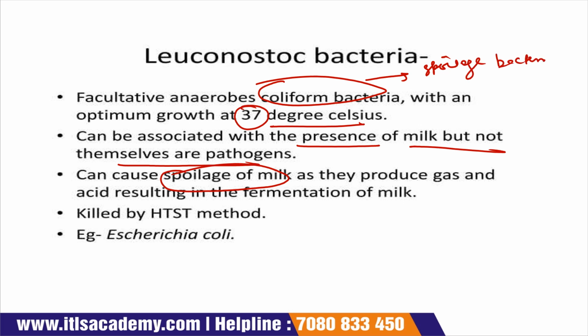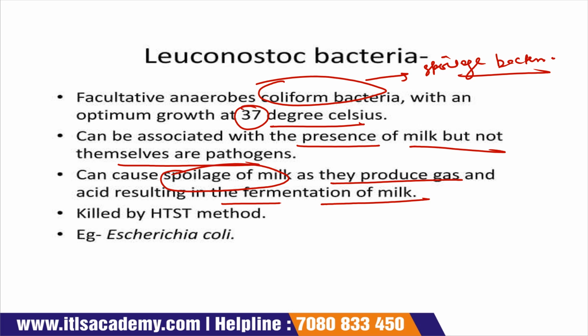There is a difference between two types of bacteria, spoilage bacteria and pathogenic bacteria. Pathogenic bacteria cause disease in human beings, but spoilage bacteria spoil the milk, secreting their toxins into it, due to which the milk and the product are spoiled, and the person who consumes it will become ill, as they produce gas and acid resulting in the fermentation of the milk.